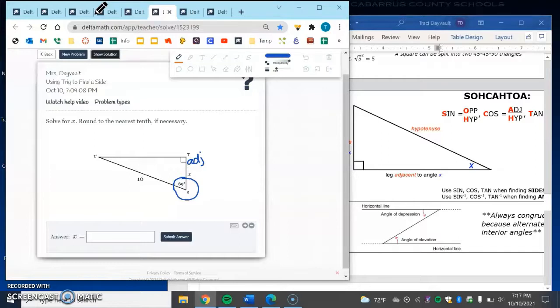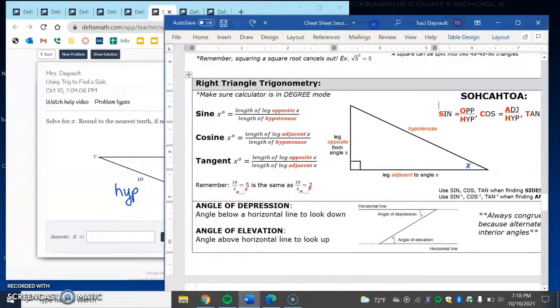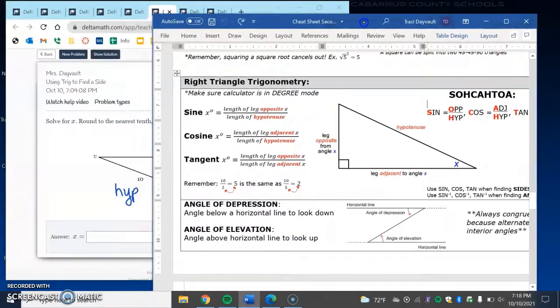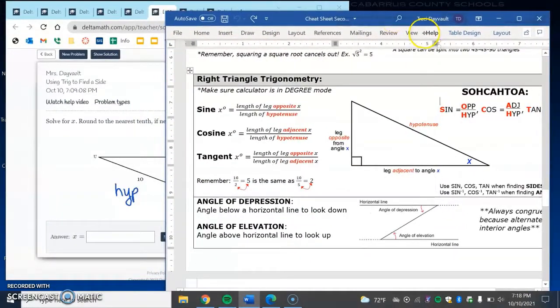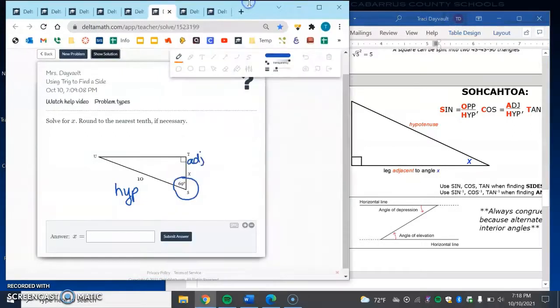And then 10 is which part of the triangle? That would be the hypotenuse. It's the longest one across from the right angle. Now we look at our ratios and figure out which one involves the adjacent and hypotenuse. That would be cosine. That means we're going to want to use cosine to figure this out.